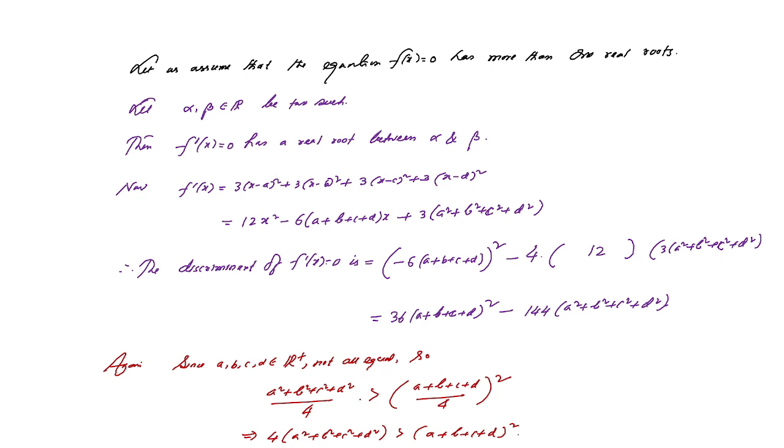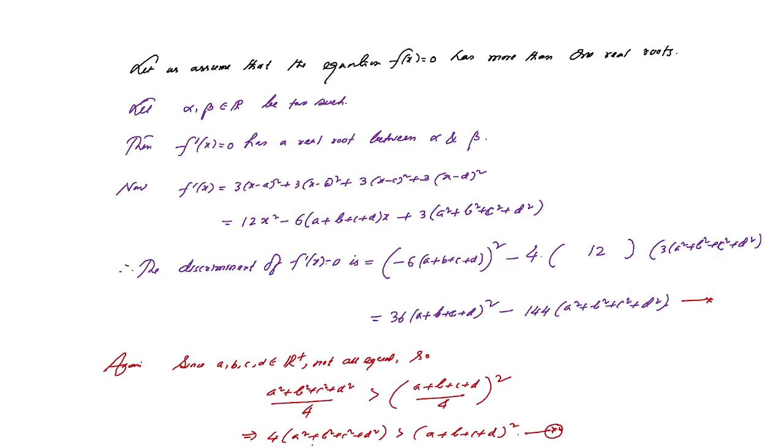So therefore, with the help of this, from star and double star, we can say the discriminant of f'(x) = 0 is negative.